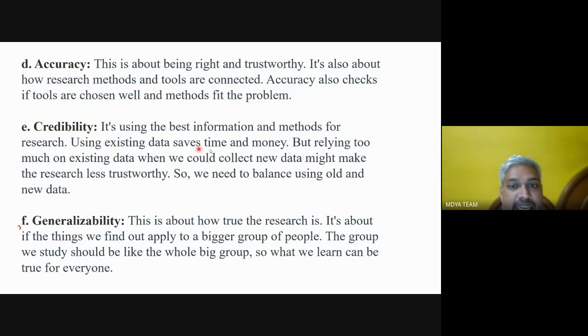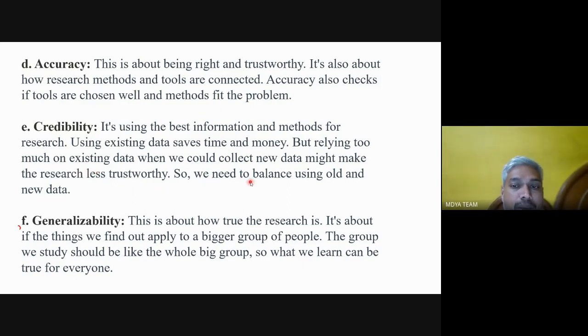Using existing data saves time and money, but some people use secondary data and existing data. Relying too much on existing data when we could collect new data might make the research less trustworthy. So when you rely more on secondary data to complete your research, it shows that it is less trustworthy.